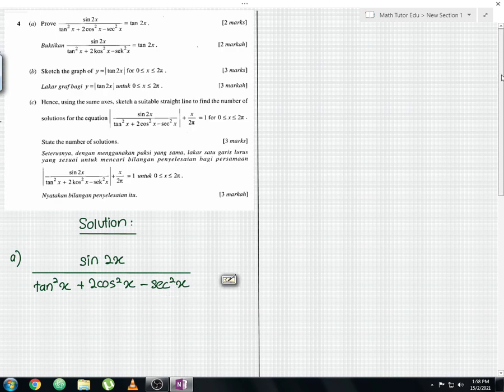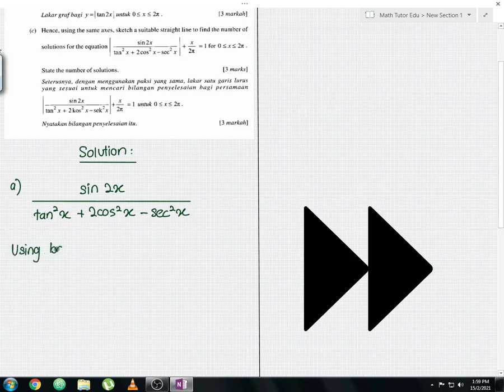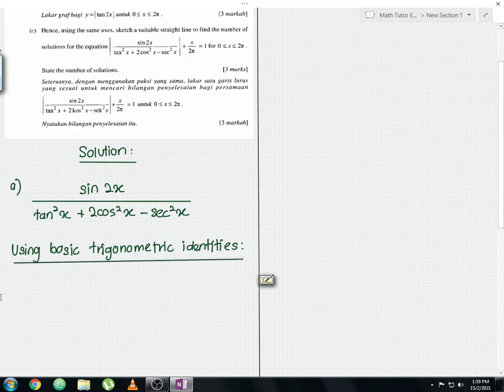If you don't know the basic trigonometric identities, let me write them down in the working here. We're going to use the basic trigonometric identity where tangent square x plus 1 is equal to secant square x.